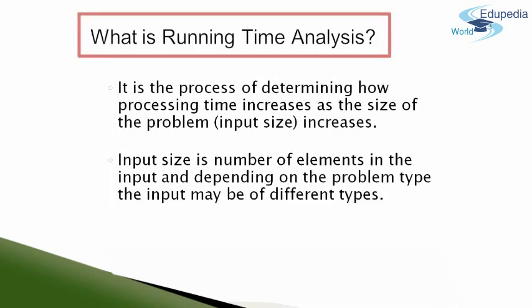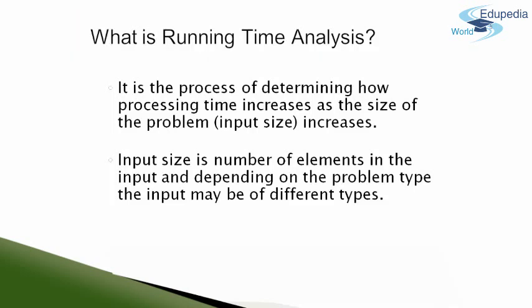Now let's see what running time analysis is. Well, it is a process of determining how processing time increases as the size of the problem increases. Definitely, as your problem size increases, the processing time will increase. Why so? Picking our previous example, if you want to find the highest among three numbers, it can be done very quickly because there are only three numbers to compare.